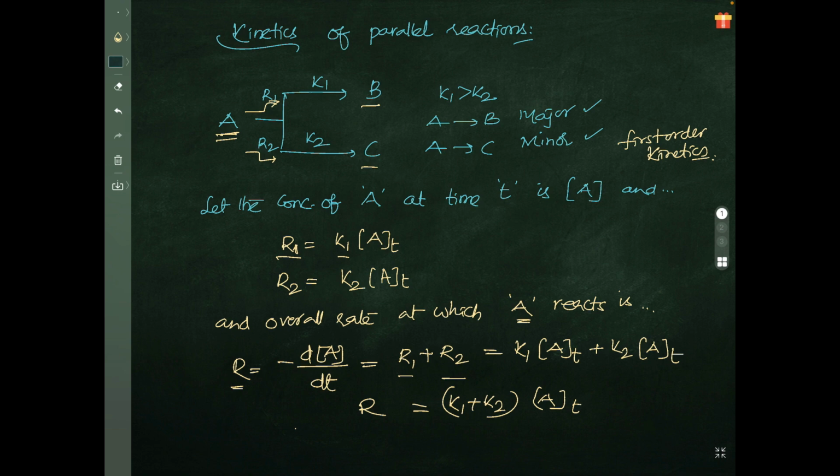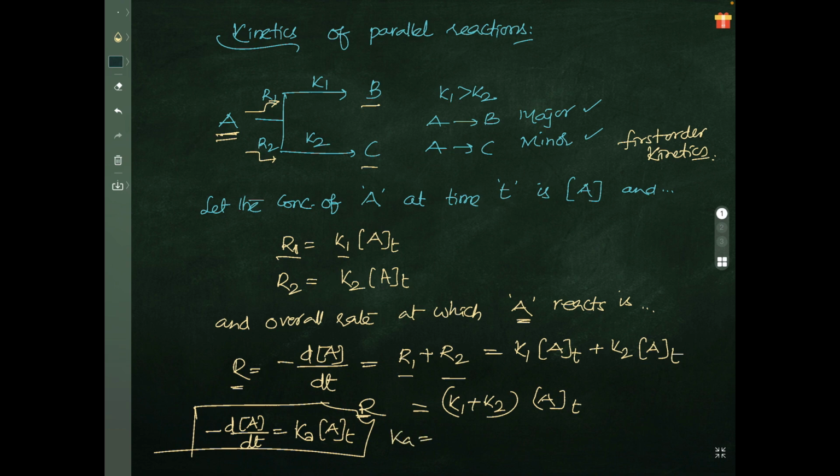Minus dA by dt is equal to Ka, nothing but rate, is equal to Ka into A at T. What is Ka?